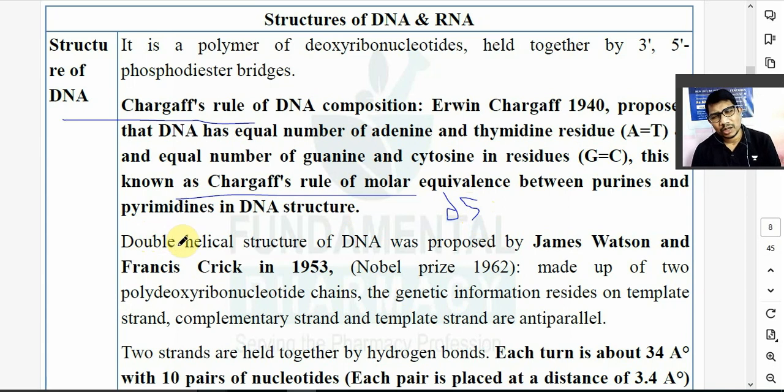Only double-stranded DNA will follow this rule. What is the rule? The number of purines is equal to the number of pyrimidines. The number of adenine is equal to the number of thymine, and the number of guanine is equal to the number of cytosine. That rule is followed by double-stranded DNA, not by single-stranded DNA, and also not by RNA. Double-stranded RNA also sometimes follows this rule.